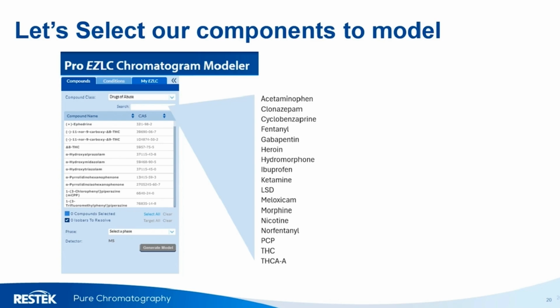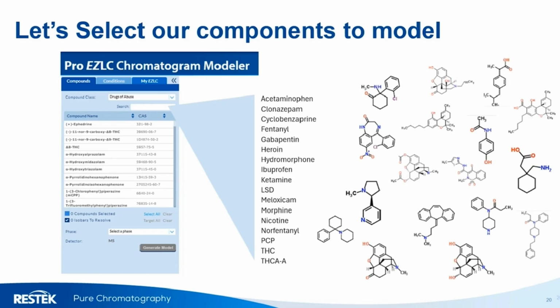So choosing these compounds, they have a variety of different structural components to them, but there are similarities within those components. We can see some similarities here in these opioid type compounds. Lots of fused rings, electron withdrawing groups, unsaturated bonds are being presented there.